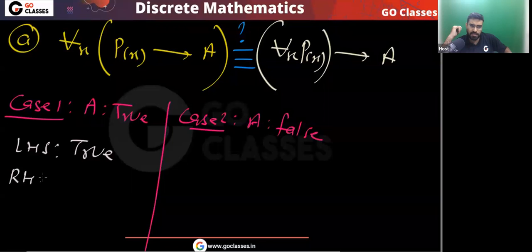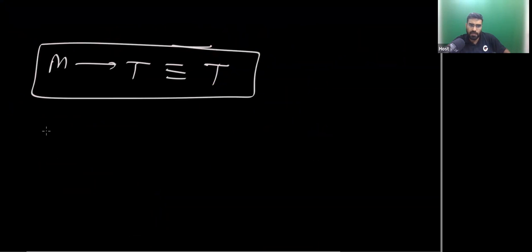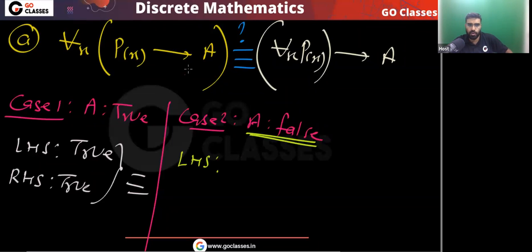What about RHS? A is true, so RHS also will be true. So here they are equivalent. What about this case? A is false. What about LHS? Remember, if you have M implies false, that is same as M negation. So here, what is LHS?